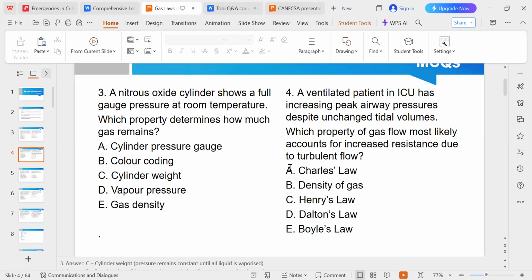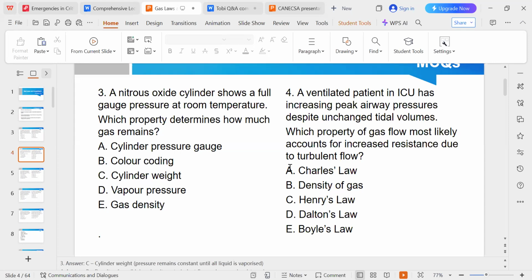A ventilated patient in ICU has increasing peak airway pressures despite unchanged tidal volumes. Which property of gas flow most likely accounts for increased resistance due to turbulent flow?